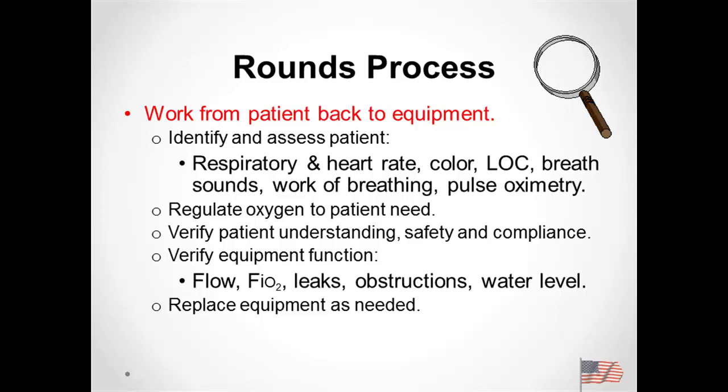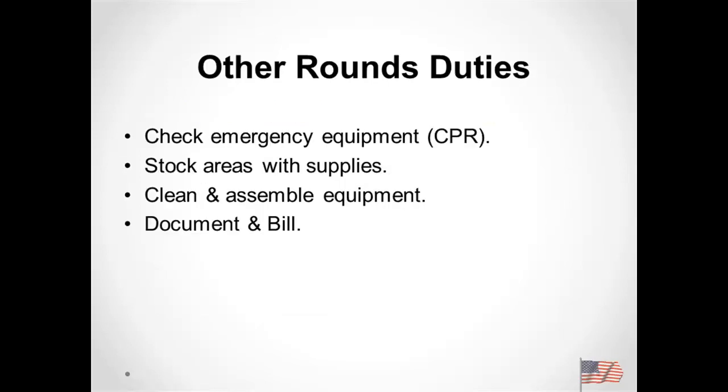We then go ahead and take a look at the oxygen itself. Is the system working correctly? If they're on a humidifier, we may test the humidifier to make sure we hear that pop-off. And if something is low water level, replacing that, or if the nasal cannula is lying on the floor, disgusting, getting them a new one. We also check the emergency equipment that's on the crash cart.